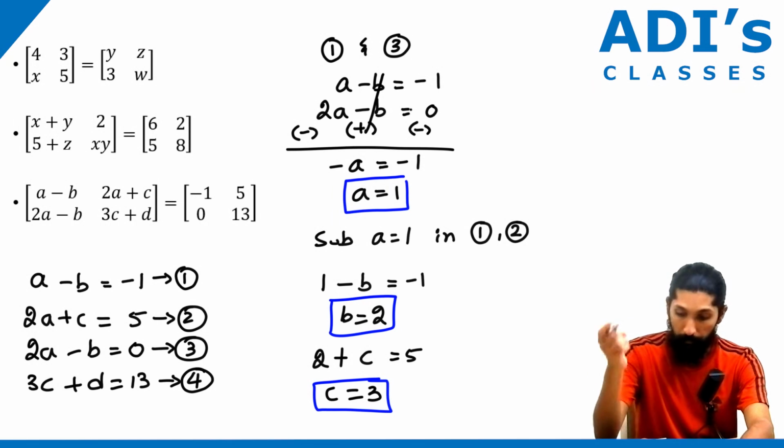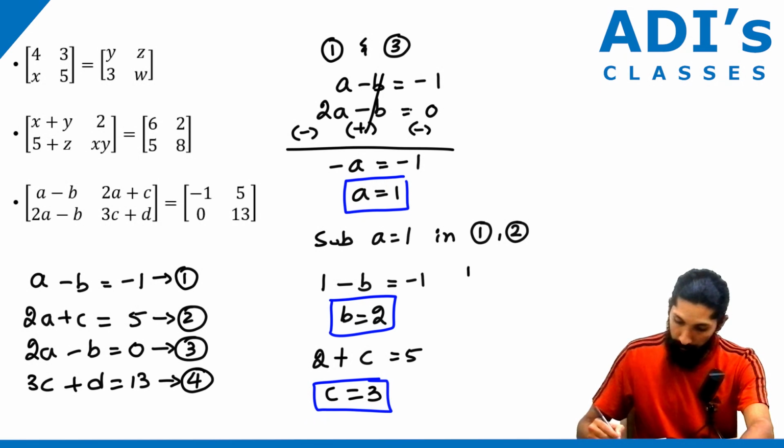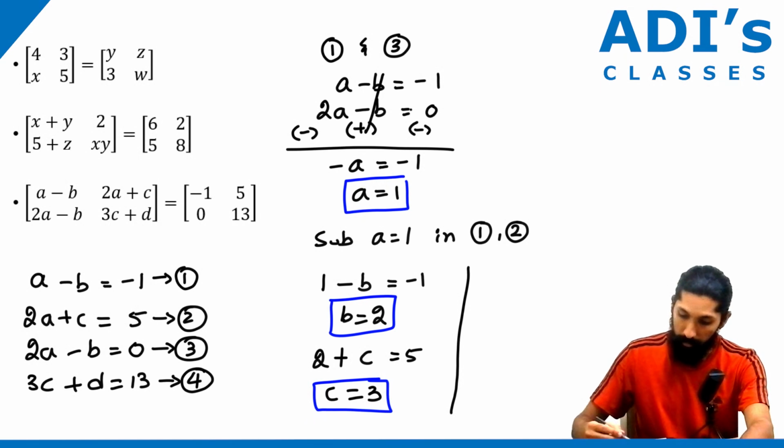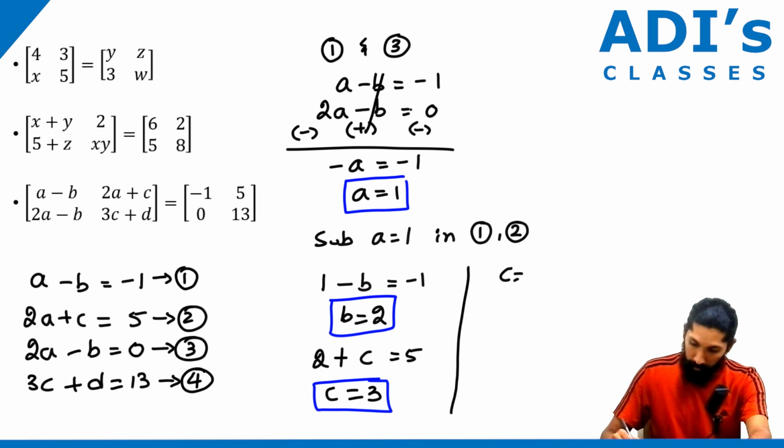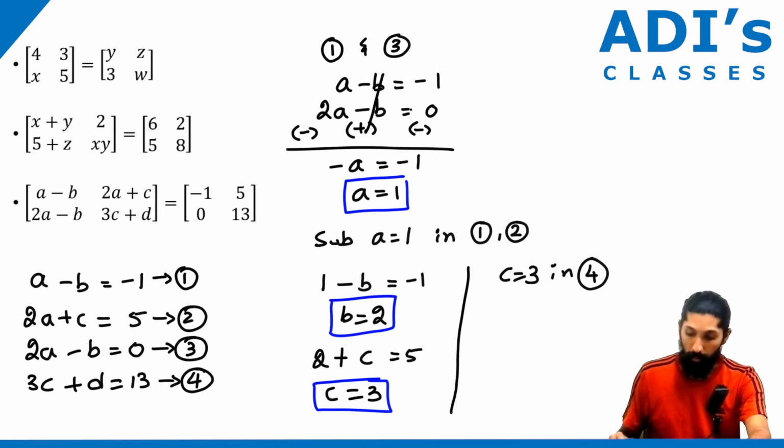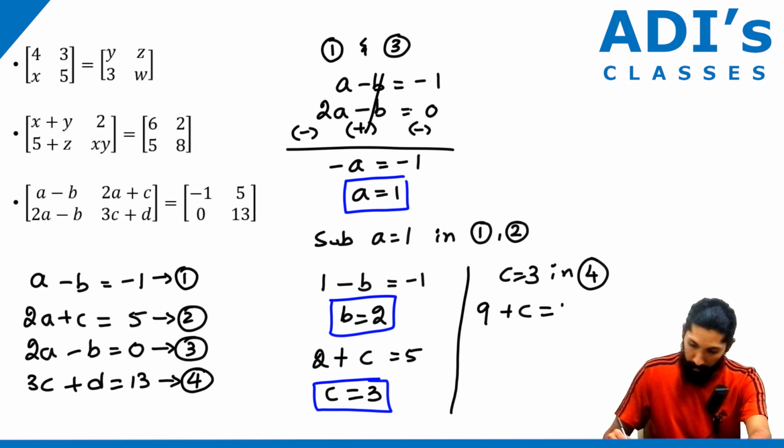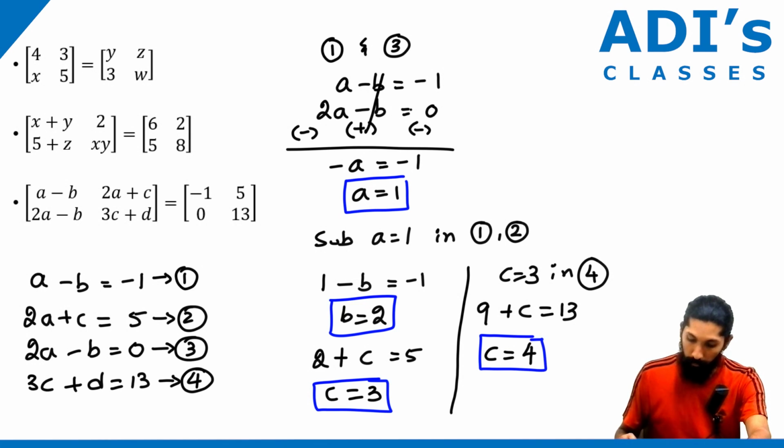Substitute c as 3. So we'll do it here itself. So when you substitute, put c is equal to 3 in equation 4. Okay? So you will get 3 into 3 is 9 plus d is equal to 13. So d is equal to 4. So we got all the 4 values.